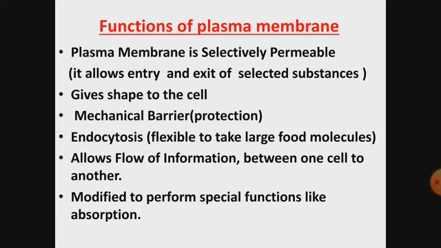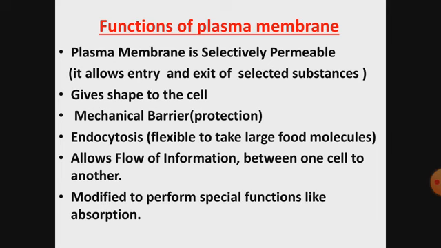So endocytosis is the capturing of the food inside the cell because of the flexibility of plasma membrane. Not only this, it allows the flow of information from one cell to another.